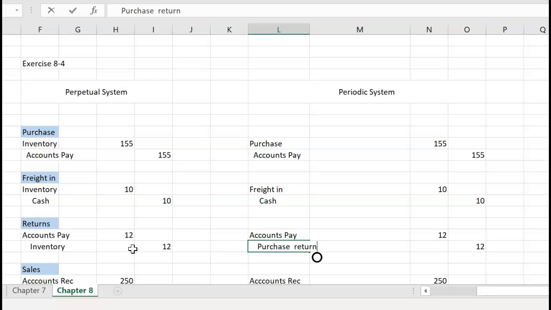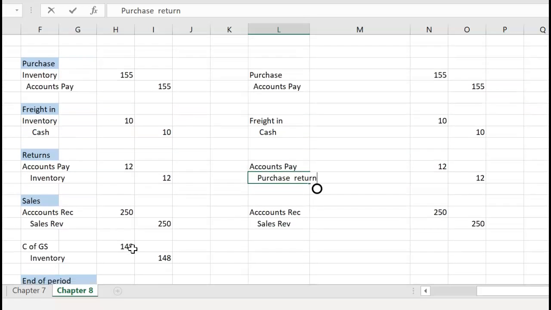So let us review this. For the purchases of $150,000 under the periodic system, we would debit purchases for $155,000 and we would credit accounts payable for $155,000. For the freight, we would debit the account freight in for $10,000 and credit cash for $10,000.